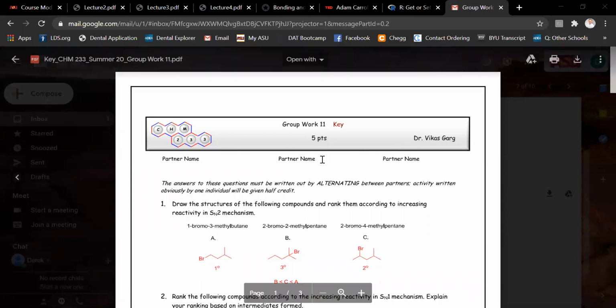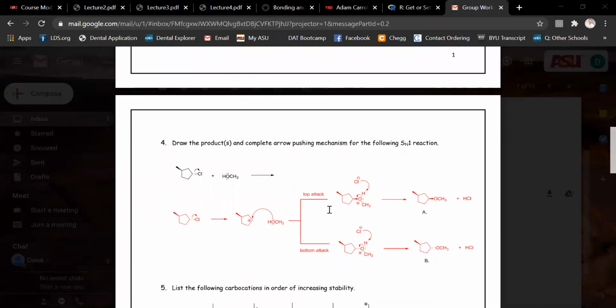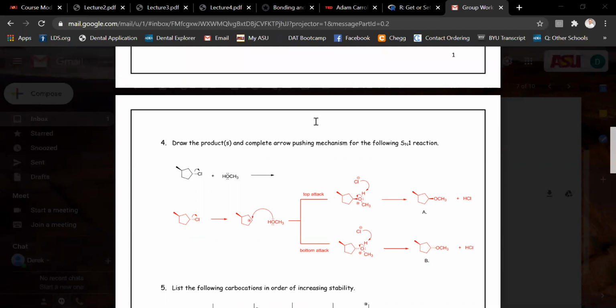Number 4. So here's number 4. We're going to draw the products and complete the arrow pushing mechanism for the following reaction.